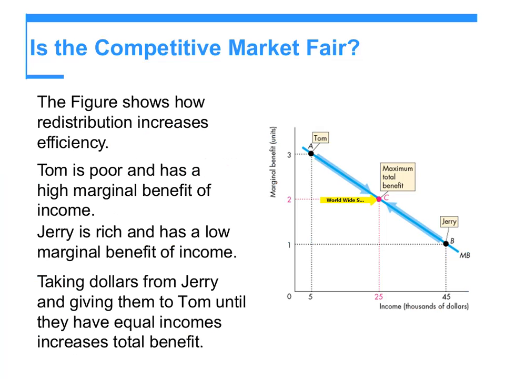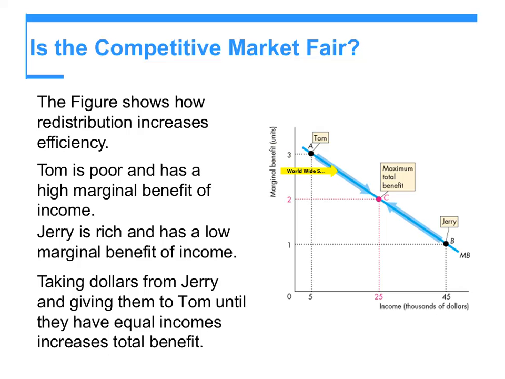So if you have somebody with very high income and somebody with very low income, the marginal benefit of these two together is going to be low, because if you look at the whole market, Jerry is not really enjoying spending so much on anything more, but Tom enjoys it, but Tom doesn't have money. So why not give more money to Tom from Jerry?